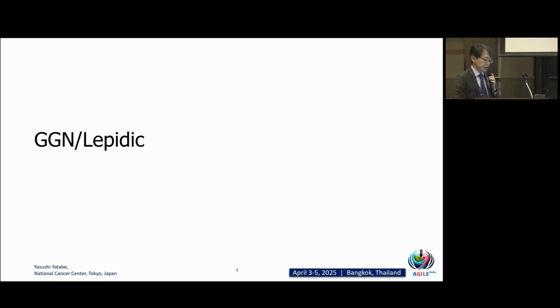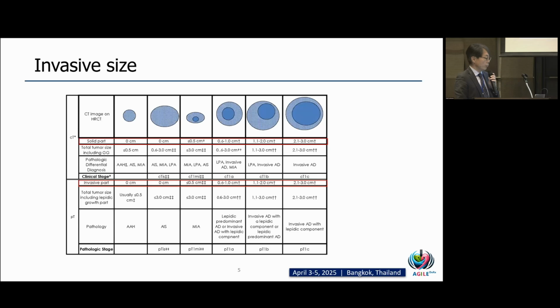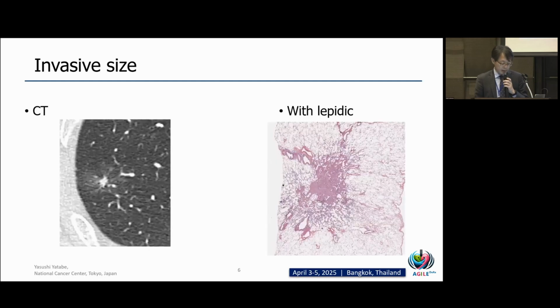First, the GGN and the lepidic growth. We have already discussed the GGO. As you can see, the clinical T and the pathologic T are defined by the GGN and the lepidic growth. This is a typical example: on the left is the CT image, and on the right are the histological features.